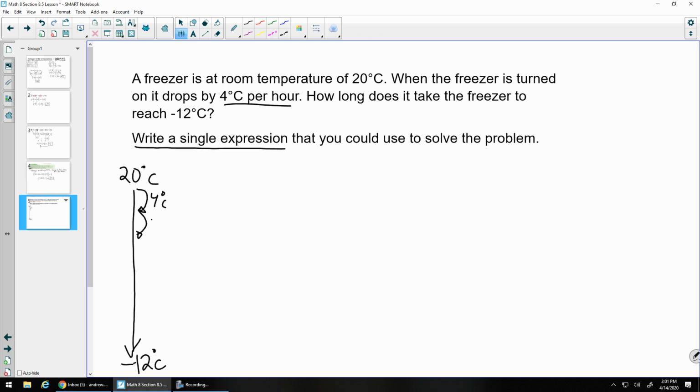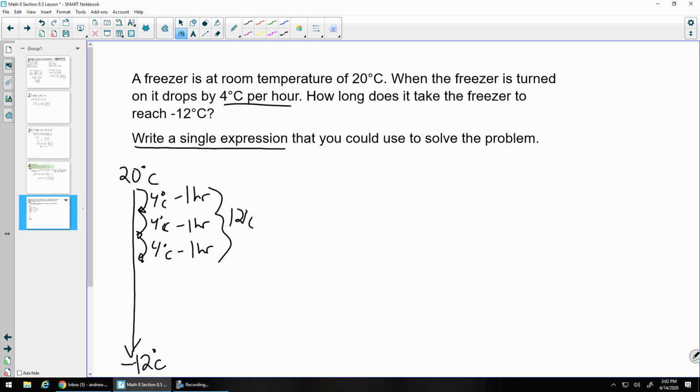For every 4 degrees Celsius that it's dropping, that's 1 hour. So 1 hour, another 1 hour, another 1 hour. So after 3 hours, it would have dropped 12 degrees Celsius.